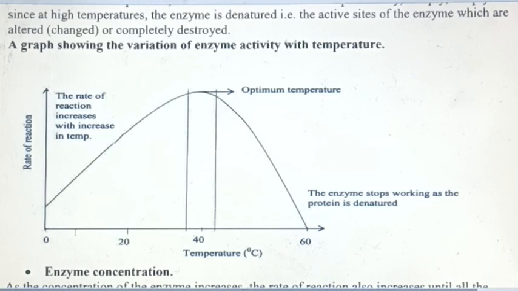And eventually the substrate, which comes with a complementary shape that wants to bind with the enzyme, will find that the enzyme has completely changed, and as a result, there will be no reaction taking place. So at temperatures beyond the optimum, or at extreme temperatures, the rate of reaction decreases because there is denaturation of the active sites of the enzyme.